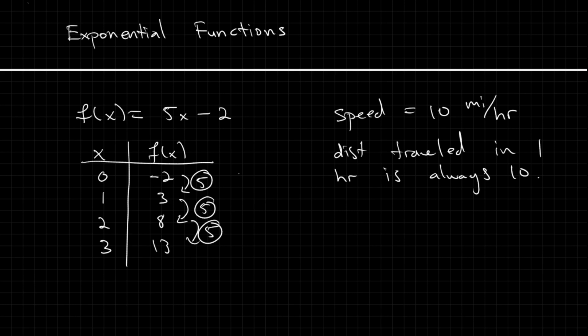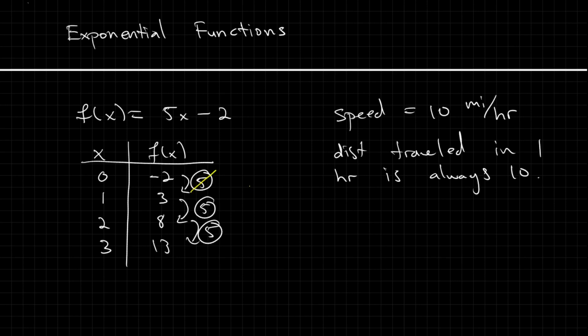So let's go back and revisit our table. When we increased the x value, the y value always increased, or linear functions can also decrease, but in our example, the linear function increased by a set amount every time. With exponential functions, the situation is a little different.